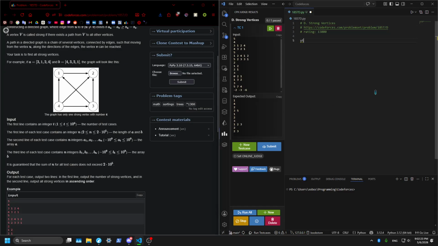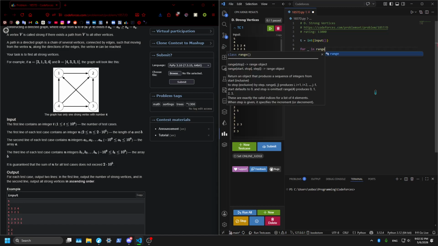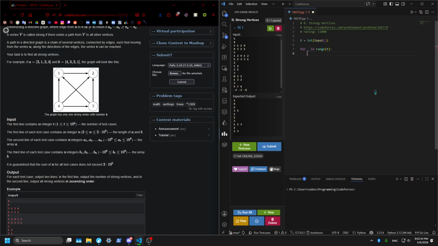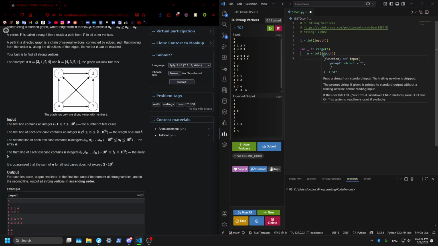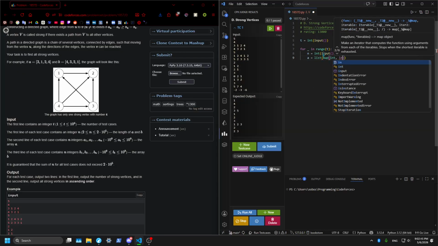Okay, our first input, T equals int input, as per usual. And then for in range T, we take in n equals int input, and then we take in an array, A equals list map int input split.